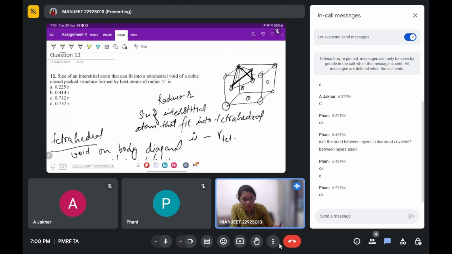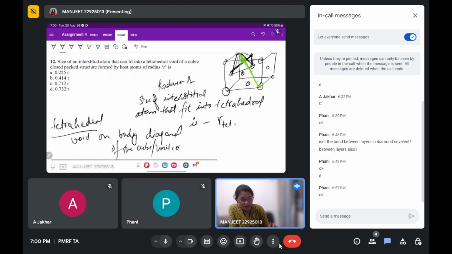So the atom will occupy this position. This is along the body diagonal: this is your 0 0 position and this is 1 by 4th of the body diagonal. So it will be 1 by 4, 1 by 4, 1 by 4. Now we have to consider this length. Here we have this atom with the radius R, and here there is an atom because they are closely packed.